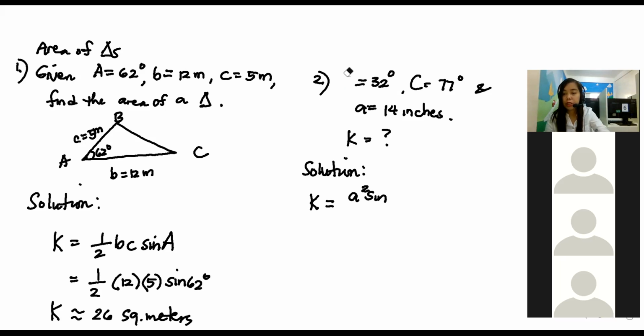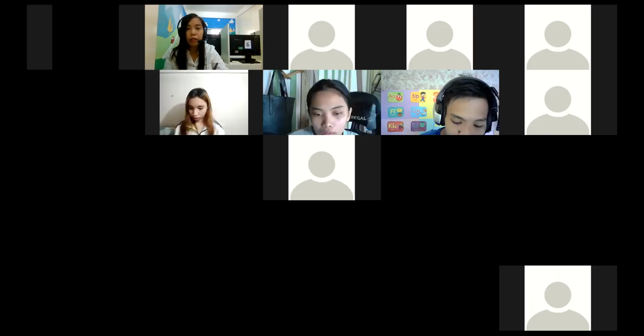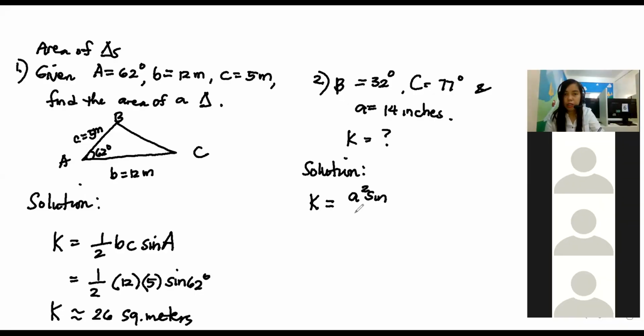May correction sa module ha. This is side B. K equals A squared sine B. So kung ano ang dalawang given na angle, pili lang kayo sa formula na gagamitin niyo. Okay, A squared sine B sine C over 2 sine A.